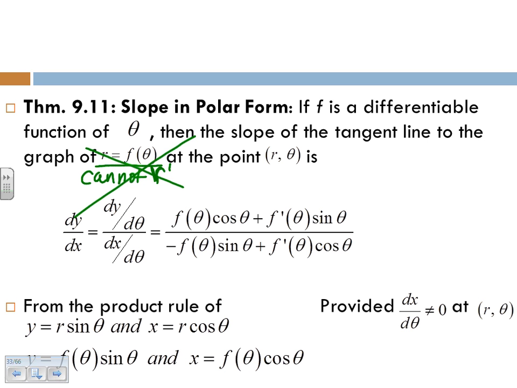So to find the slope, you have to remember what x and y are equivalent to. X is what, Hugh? R cosine theta, and y is r sine theta. That r is a function of theta, right? So we're going to have r as a function of theta.